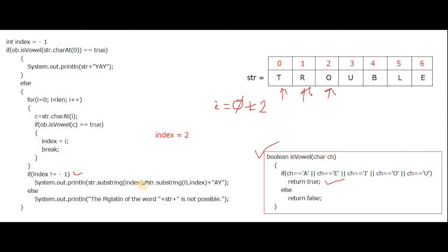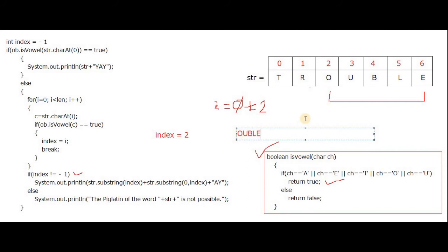From the index position, index is 2, so from position 2 till the last position, which is E. From position 2 till E, all the parts are extracted, and the value coming here is OUBLE.